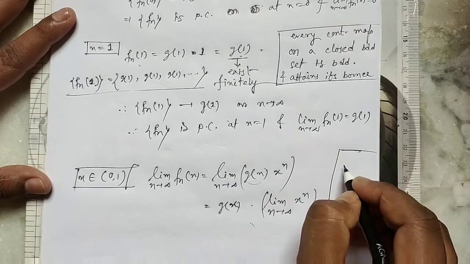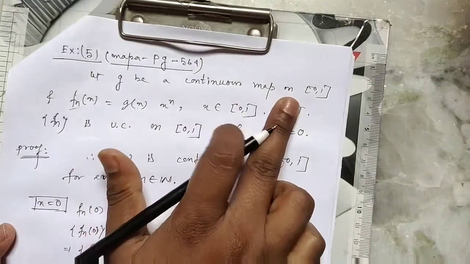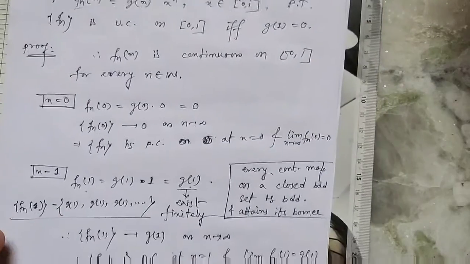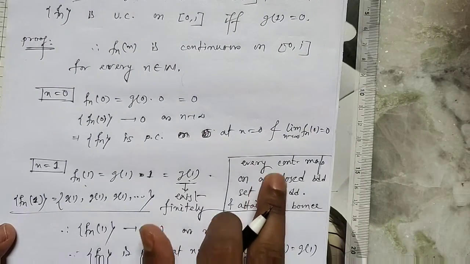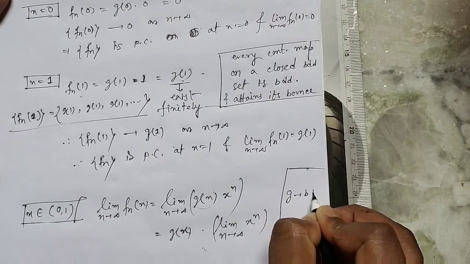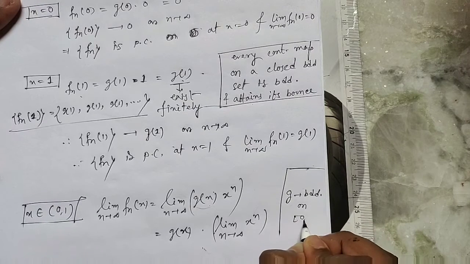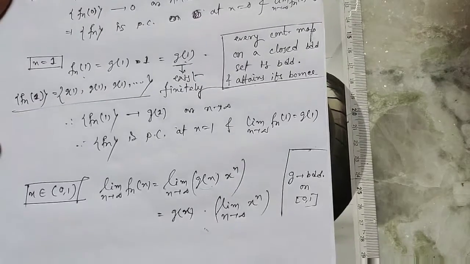Again, G is continuous on the closed interval [0, 1]. Then by this theorem, G is bounded on [0, 1].